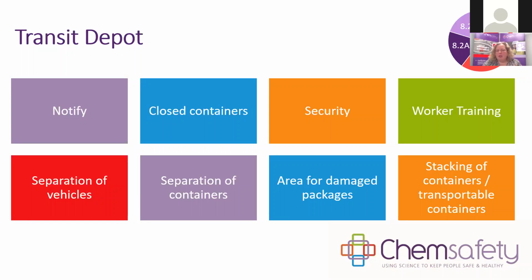You need to have an area set aside for damaged or spilled materials so that you can manage that. And also there are some requirements about stacking containers or stacking shipping containers there. So how much you can have in one place and making sure that your segregation is in place there.